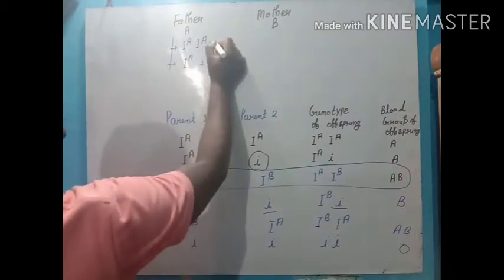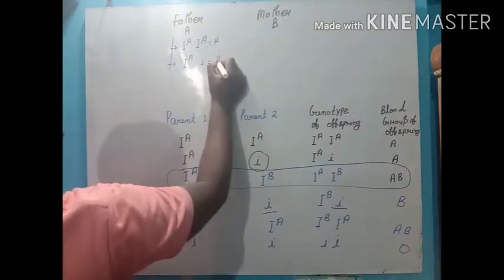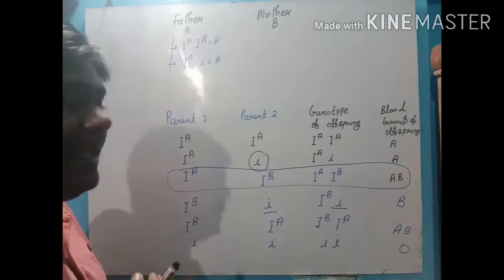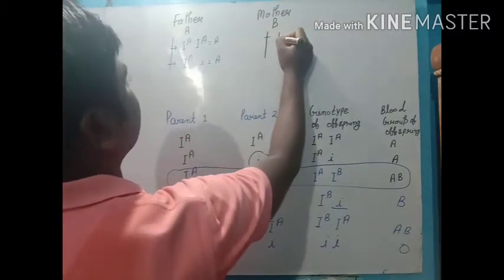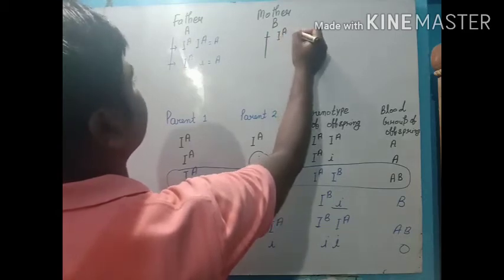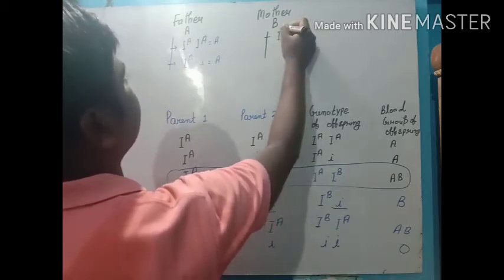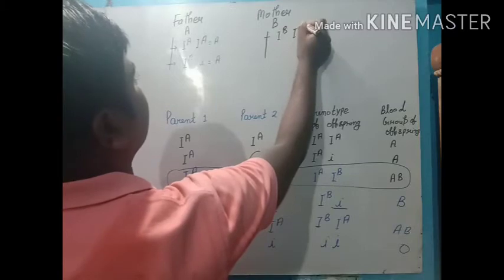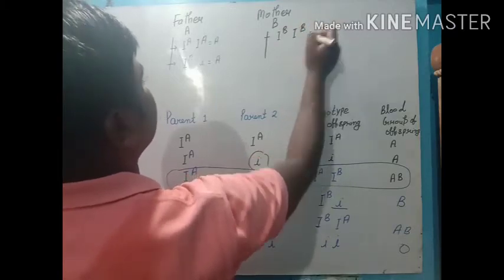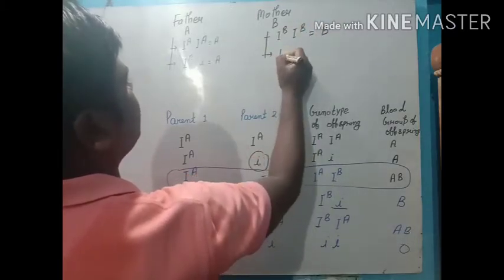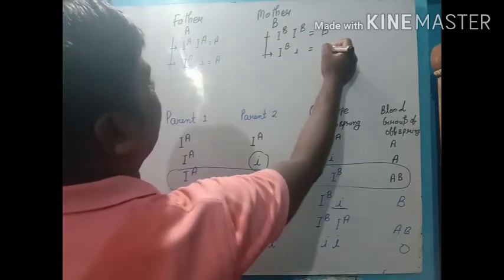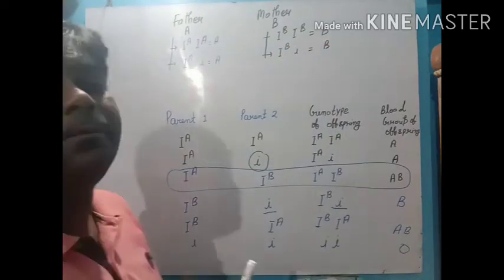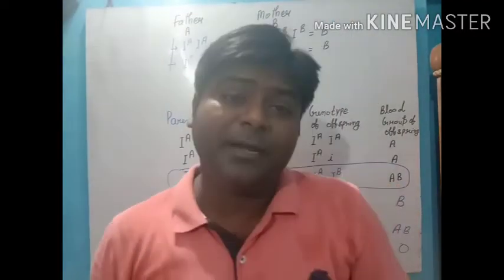In both situations we have the appearance of blood group A. And B, in two situations, we have the formation of blood group B. This is the situation, my dear students.